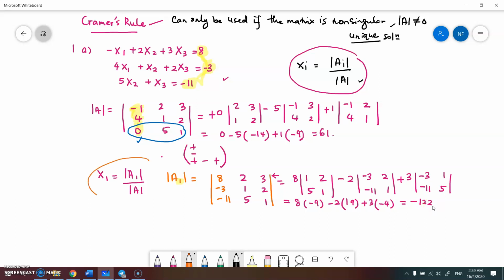So let's say I want to find the value of x1. It is the determinant of A1 divided by the determinant of A. So negative 122 divided by 61. So my final answer is negative 2.